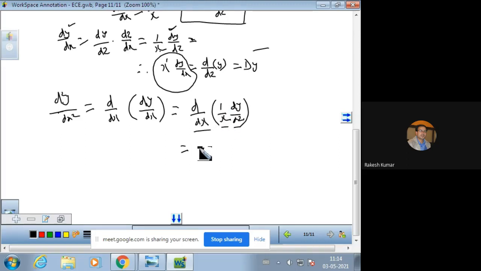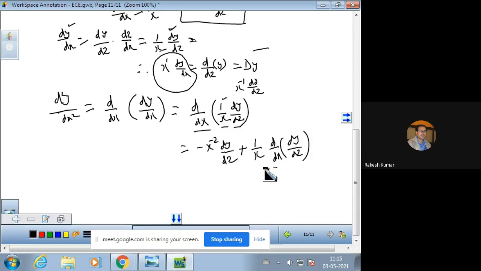The derivative of 1 by x will be minus x raised to power minus 2, because 1 by x can be written as x raised to power minus 1 into dy by dz. The derivative of x raised to power minus 1 will be minus x raised to power minus 1 minus 1, that is minus 2, into dy by dz, plus 1 by x as it is, and the derivative of dy by dz. Now you just see d by dx of dy by dz.